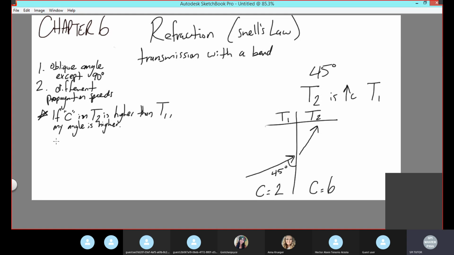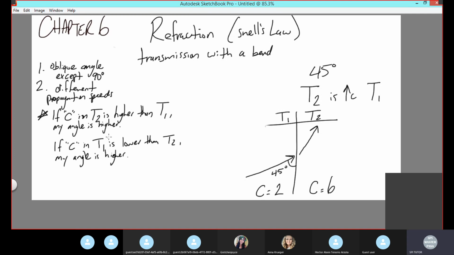So my second rule is going to be that. It's going to be from the perspective of tissue 1. Now I want to talk from the eyes of tissue 1. So if propagation speed in tissue 1 is lower than tissue 2, my angle is higher. So don't get confused. My angle doesn't change, okay? Because you think, oh, tissue 1 is lower than tissue 2, that means your angle is going to be lower.